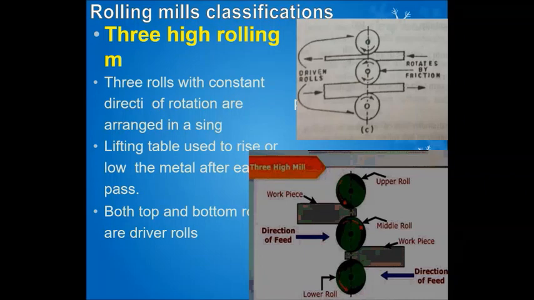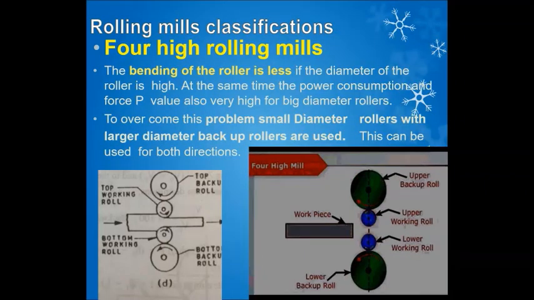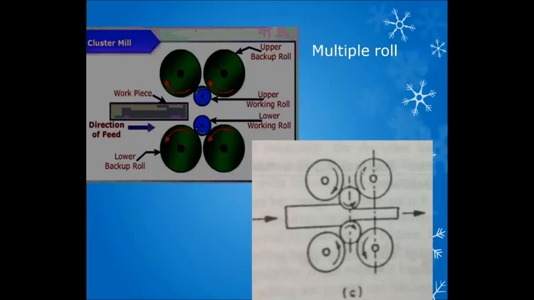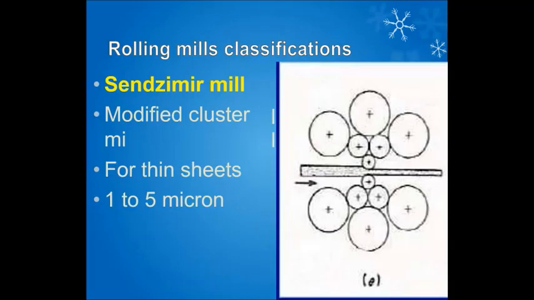The bending of the roller is less. Multi-roller mill, cluster mill: multiple rollers are used to make wire or rod. Sendzimir mill: modified cluster for thin sheet manufactured with the help of this.